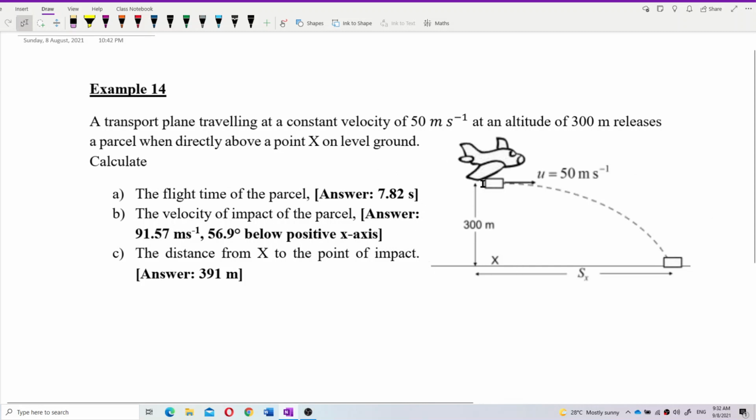So what kind of projectile motion is this parcel? If you look at this parcel, the parcel actually travels from here going down. So this is clearly a horizontal projectile.